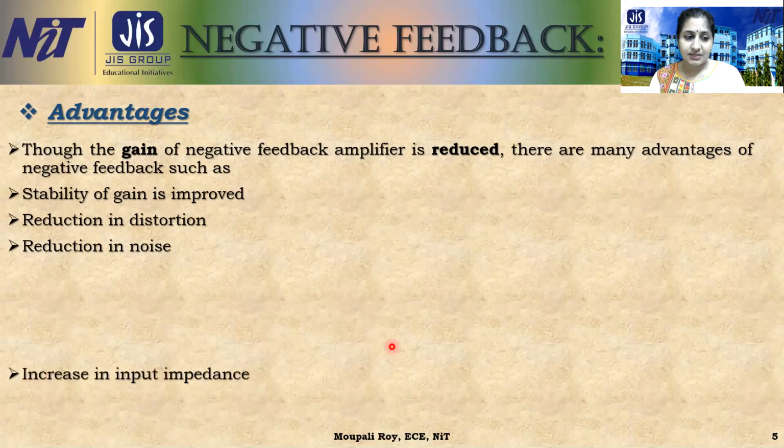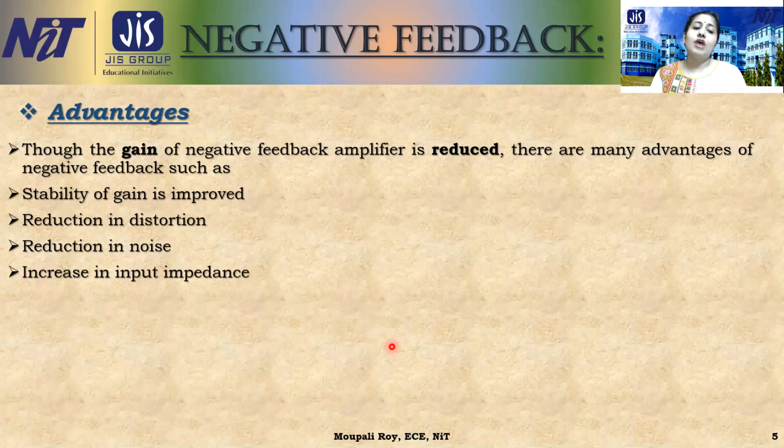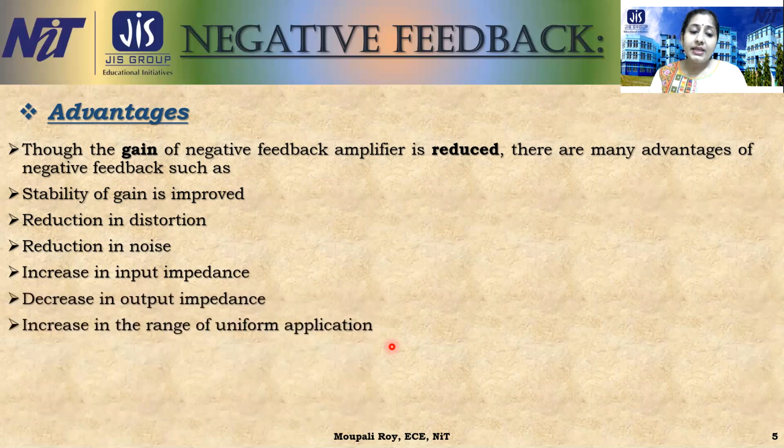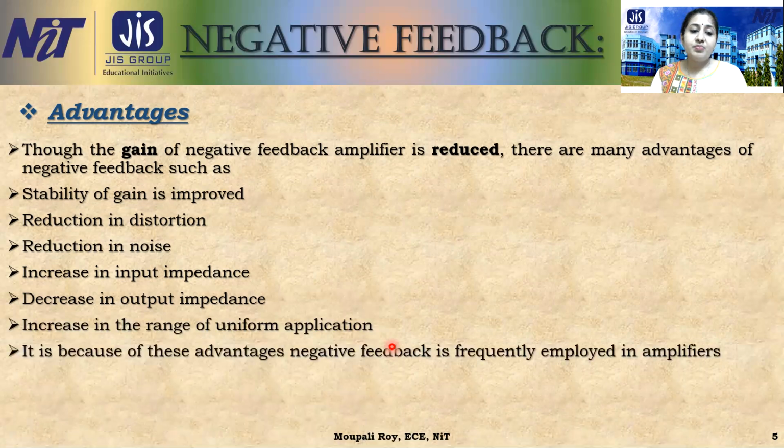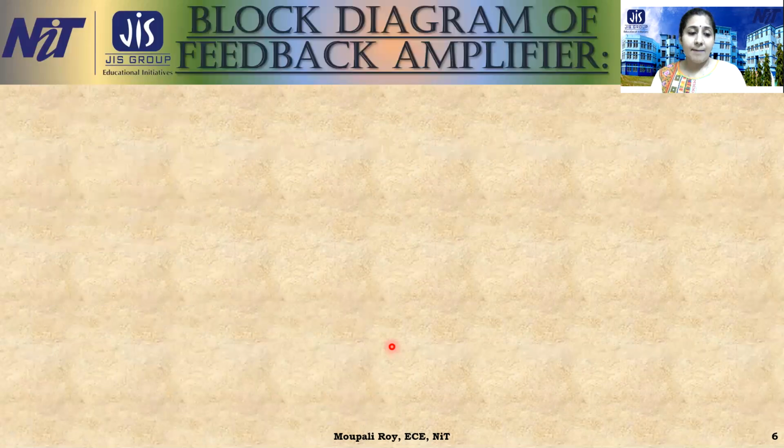Then there is an increase of input impedance, a decrease of output impedance, and an increase of the range of uniform application. Because of these advantages, negative feedback is frequently employed in amplifiers.